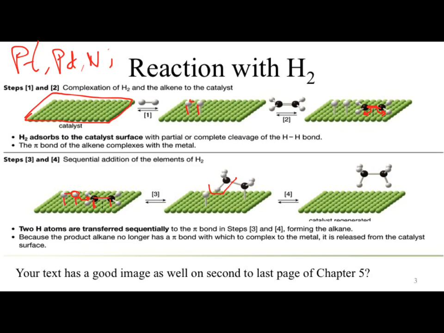They lift off of the surface. Okay? We still have the other carbon bound, we still have the other hydrogen bound. Okay? Both of those species are extremely reactive, so they'll try and stabilize as fast as they can, and that's where your hydrogen and your carbon will meet up, and your final product lifts off.